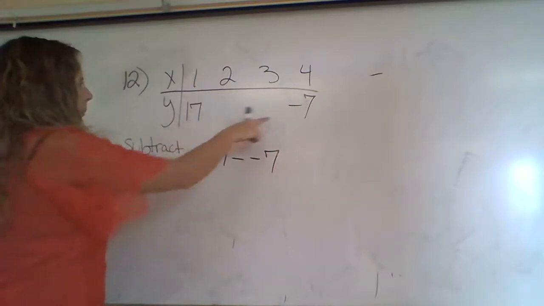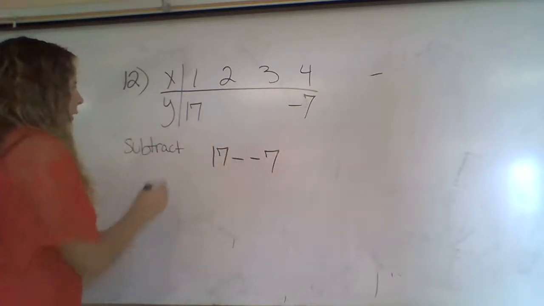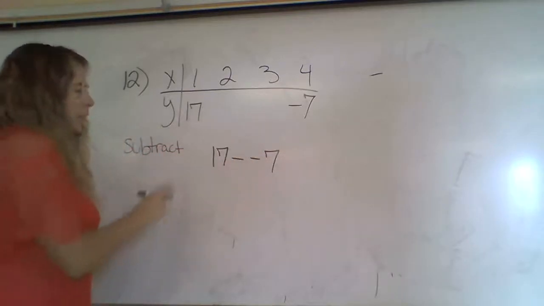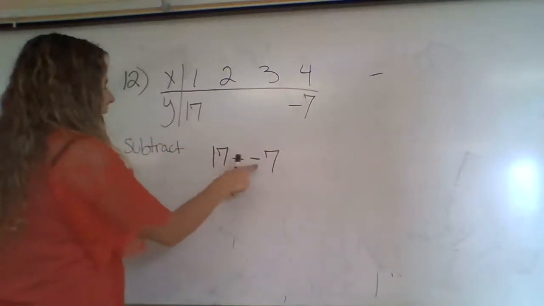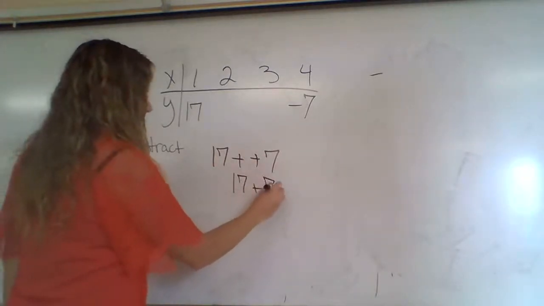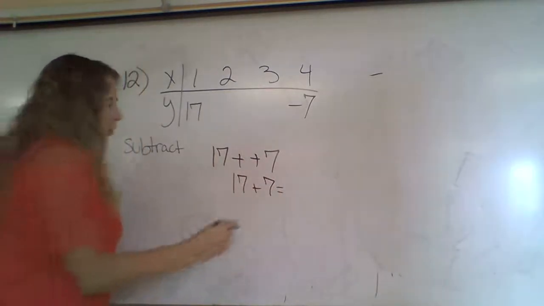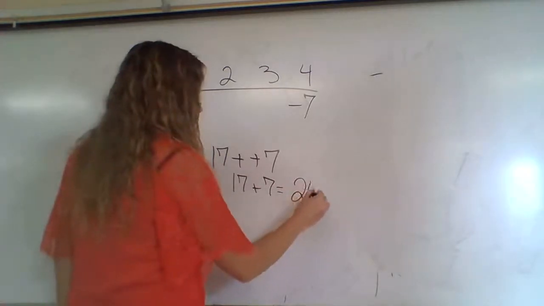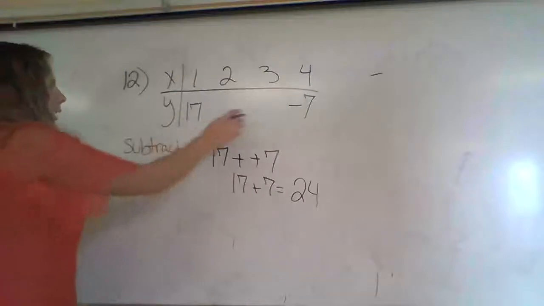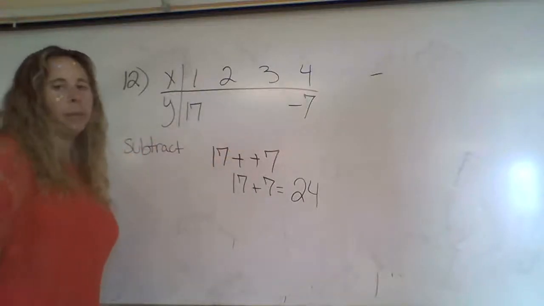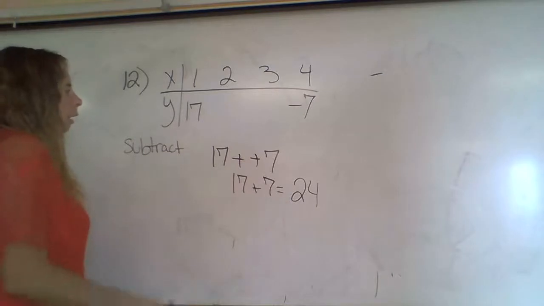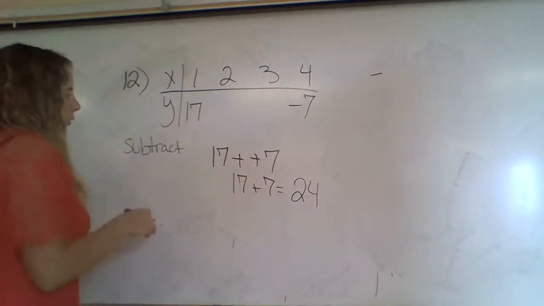You take the first number and subtract the last number they give you. So that turns into 17 plus 7, which is 24. So from 17 to negative 7, you lost a total of $24. That's your first step.